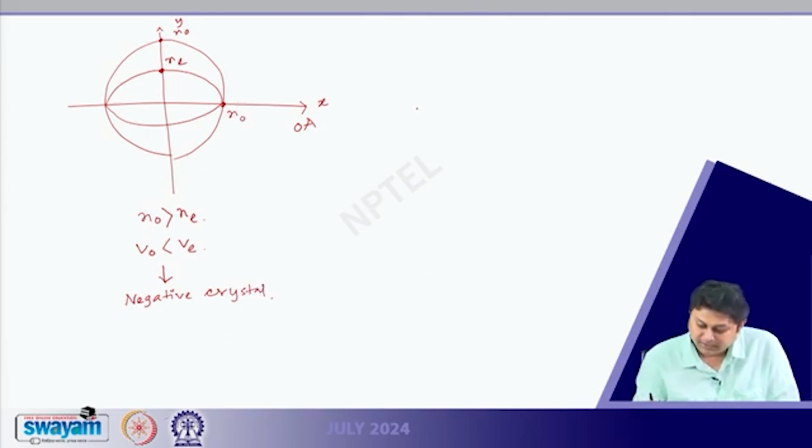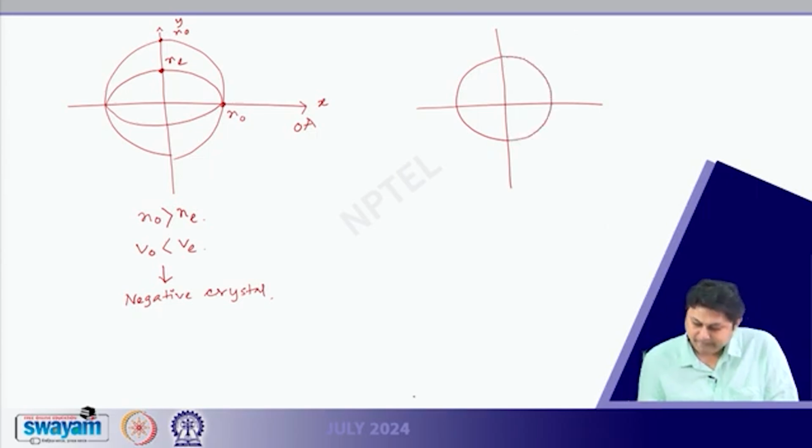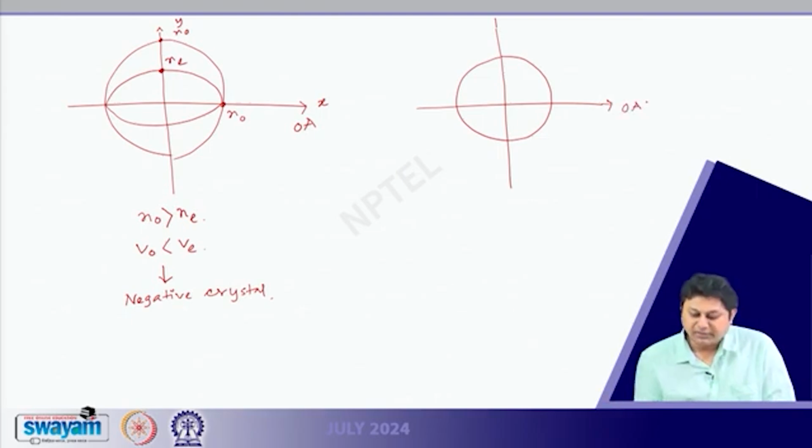On the other hand, suppose I have a figure like this, and here this is the direction of the optic axis, and we know that along the optic axis the refractive indices of the ordinary and extraordinary rays are the same.